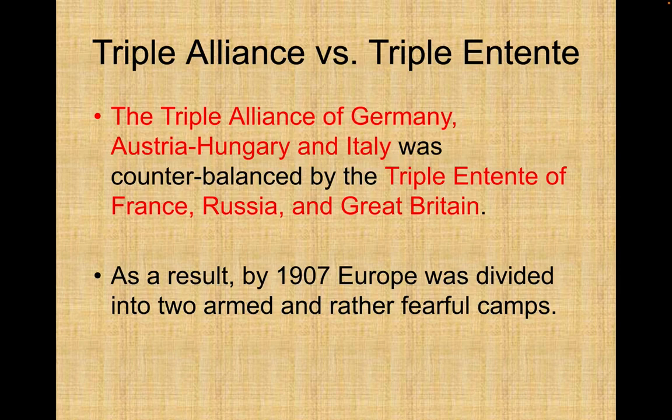Let's say France goes to war with Germany. Well, then that also brings in Russia and England, and then Russia and England have to declare war on Germany, and then Germany has to declare war on them, and if Germany declares war on them, that brings in Italy and Austria-Hungary, and so on and so forth. It's just a domino effect that will bring everyone to war.